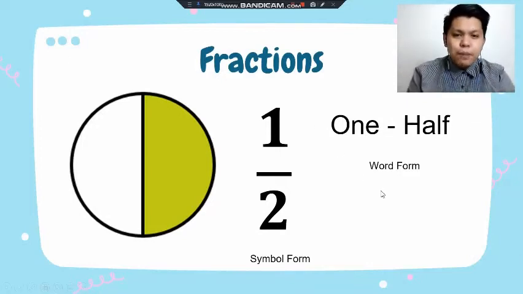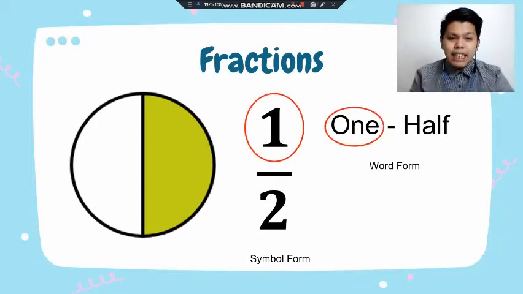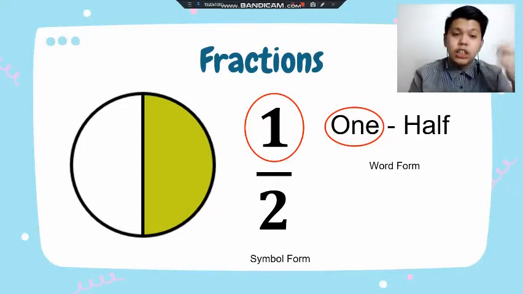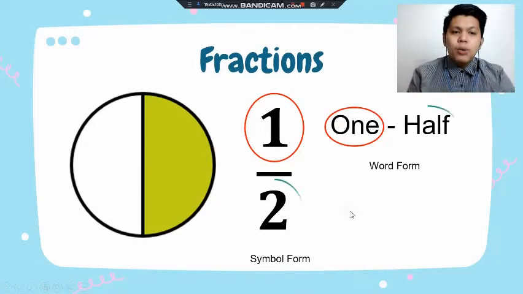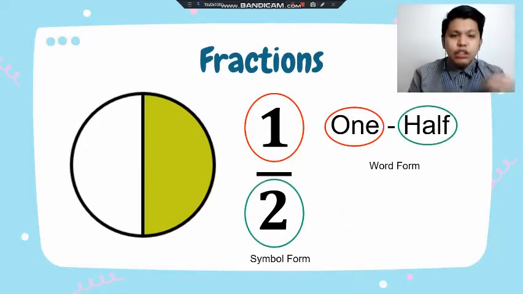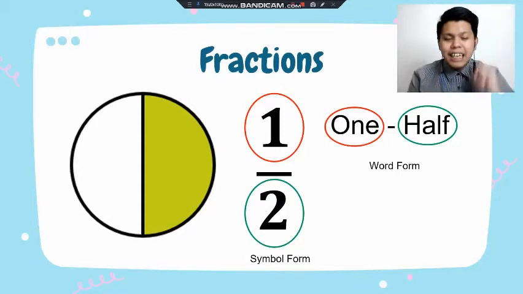So for you to better understand this, our numerator will be written in the counting number form. So that is 1, 2, 3, 4, and so on. While our denominator will be written into an ordinal number. Okay, but for number 2, it will be half. Okay, is that clear?